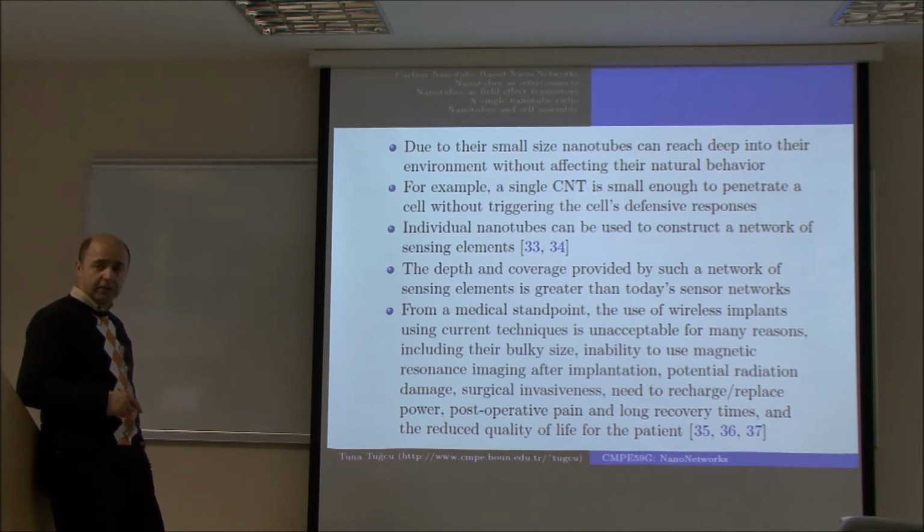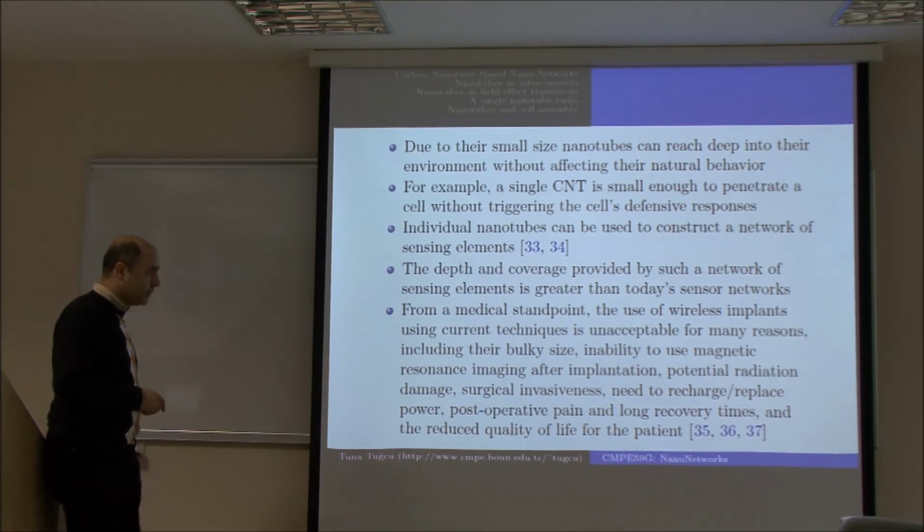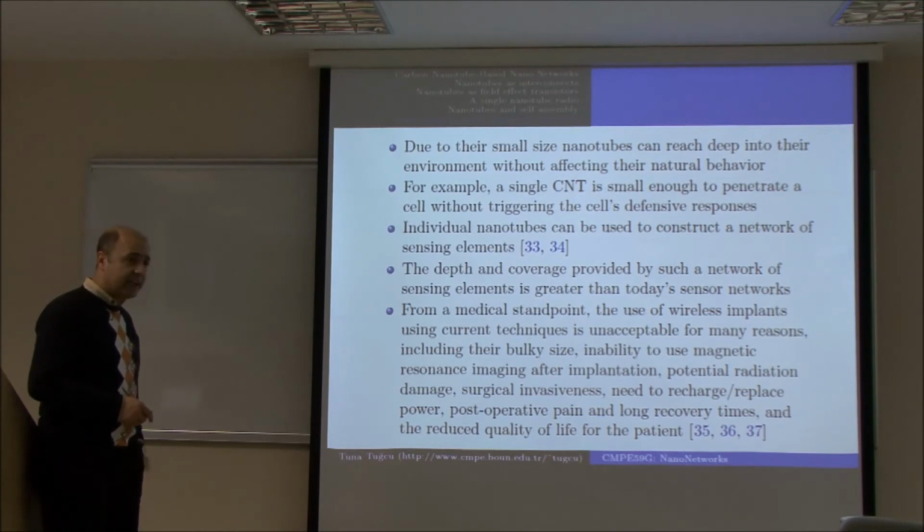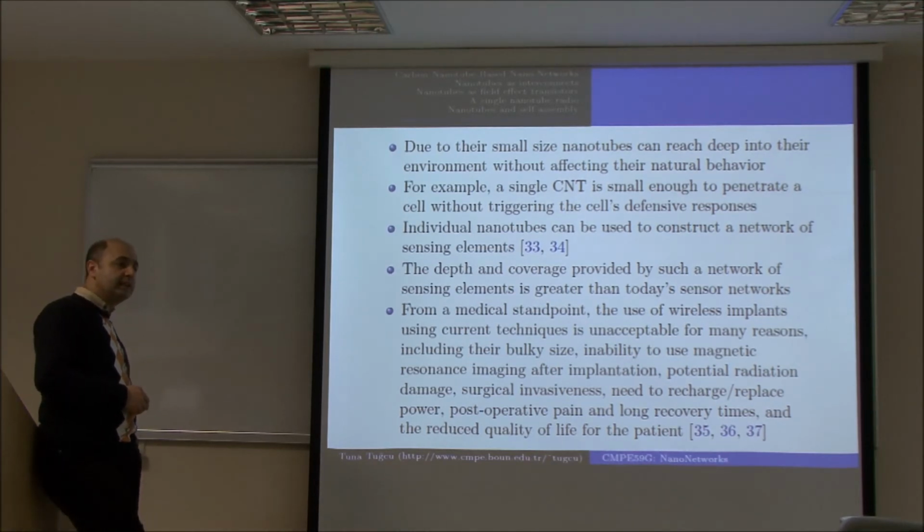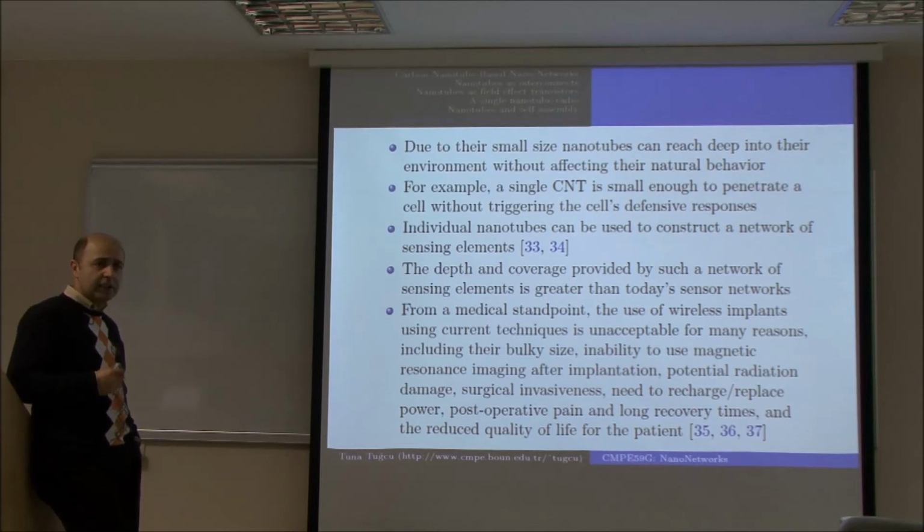If you look at this problem from a medical standpoint, the alternative to having nanosensors in the body is to have the regular wireless sensors inside the body. But then having immersive techniques to place the wireless sensor nodes inside the human body imposes some risks and it has some unwanted effects.